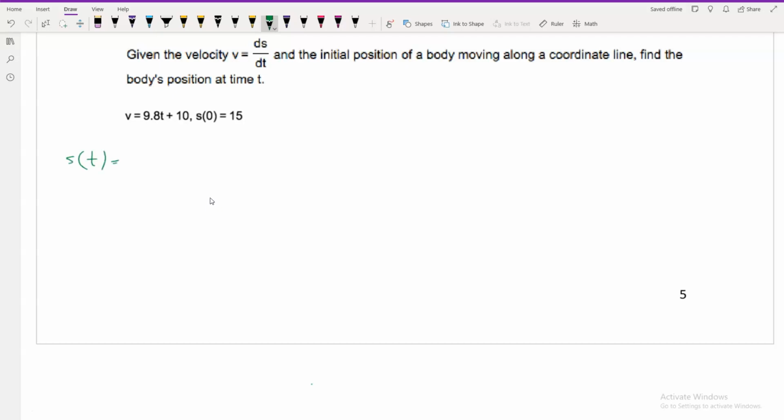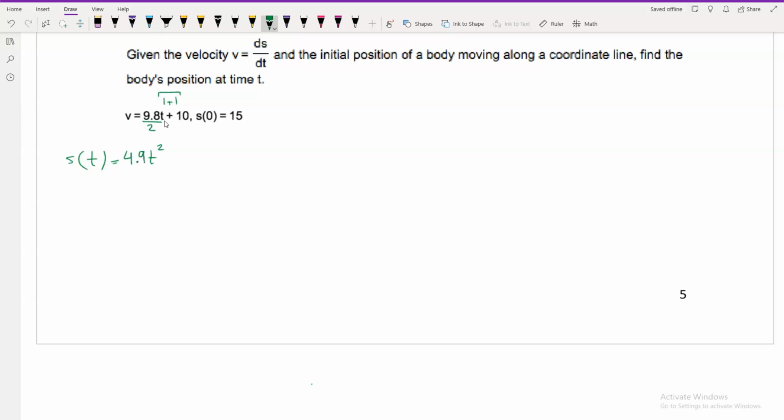s of t is equal to, here the power is 1, so add 1. We're going to have t squared, and then use that power 2. So 9.8 divided by 2, here we have 4.9.